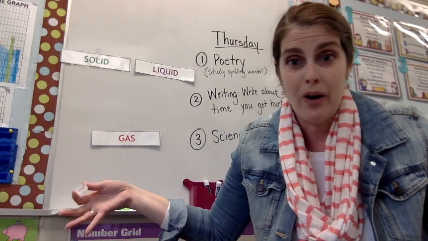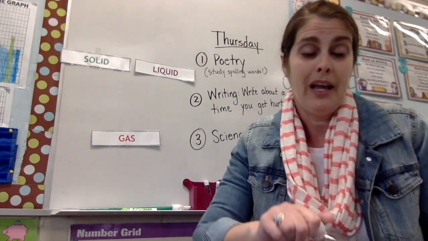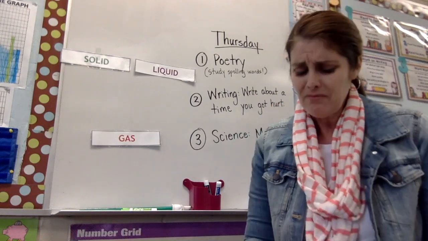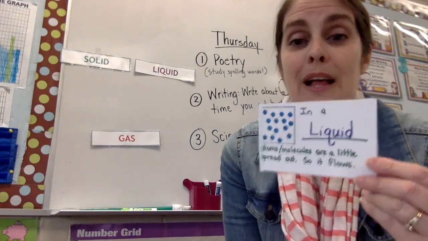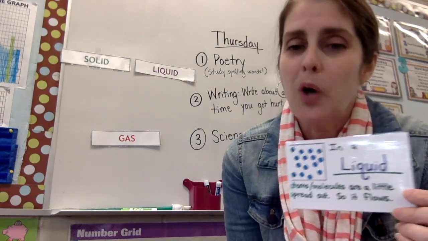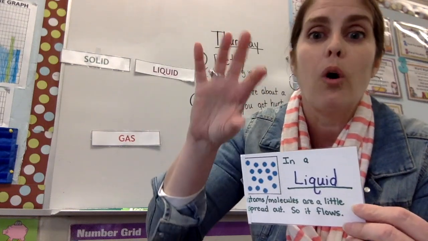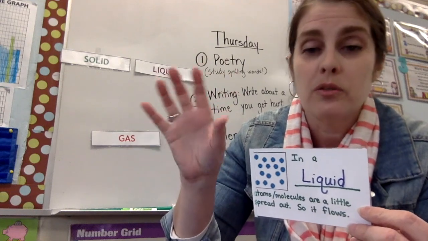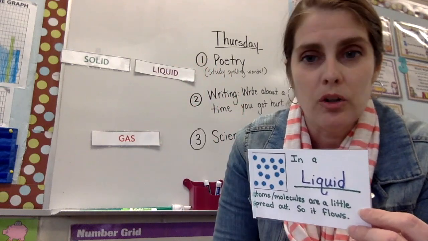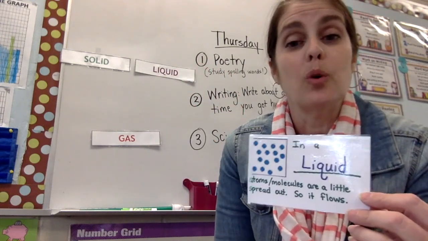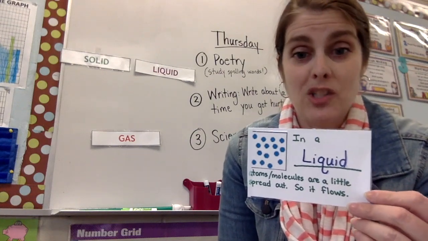It would flow out wherever I wanted it to go. It would go all over everything. So in a liquid, the molecules or atoms are spread out a little more. That's why it flows. That's why you can pour orange juice or hot chocolate or milk. Things you could pour out, those would be liquids. Okay, so they're spread out.